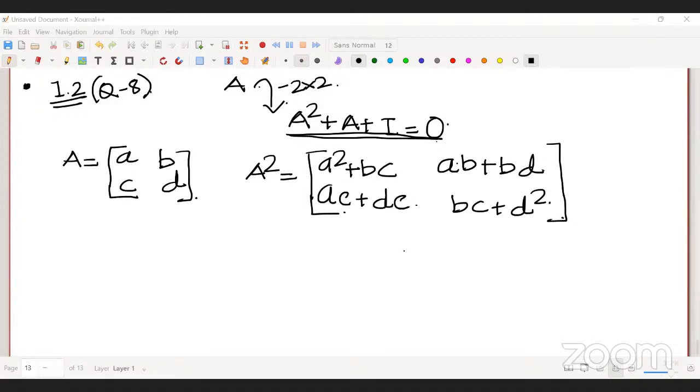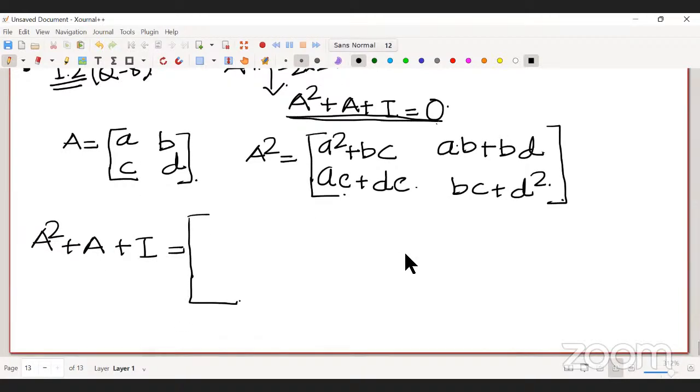So now I will add A square plus A plus identity. If I add all these things, the first entry is A square plus BC plus A plus 1.